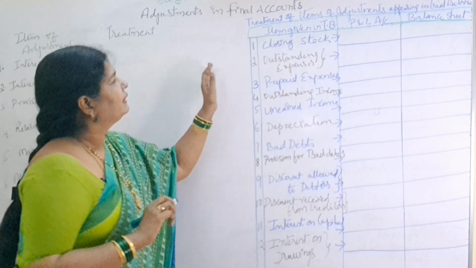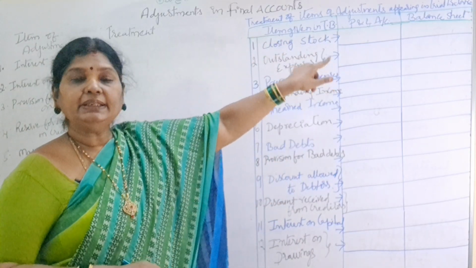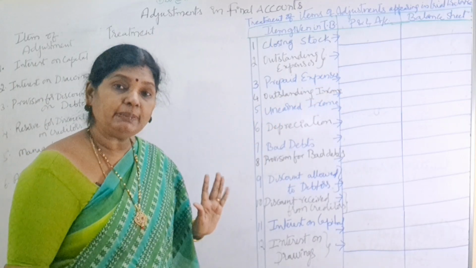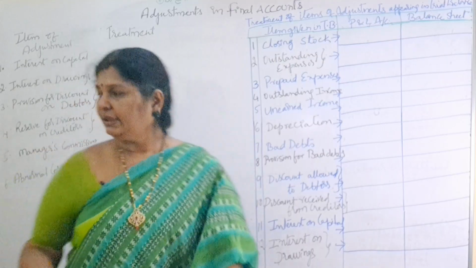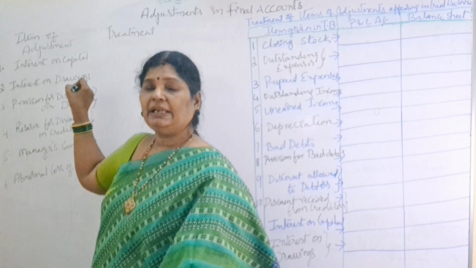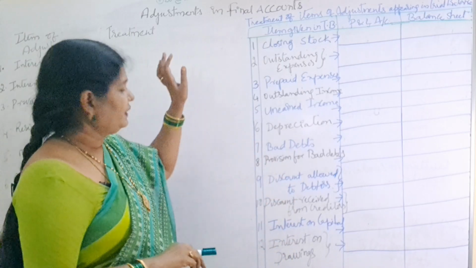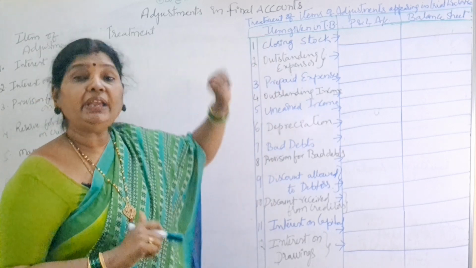About this, the treatment of items of adjustments appearing in the trial balance means these adjustments are not given below the trial balance, but given in the trial balance. Say for example, here it is interest on capital. This is given below the trial balance, then we'll have two effects. But if interest on capital is given in the trial balance, then where do we show it?